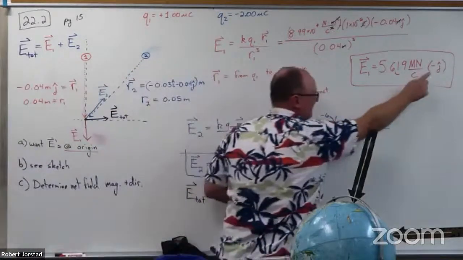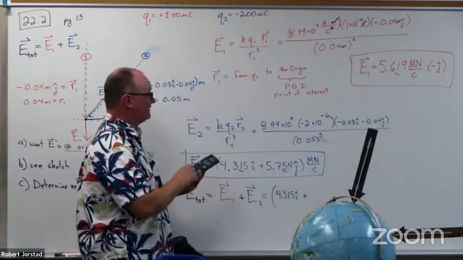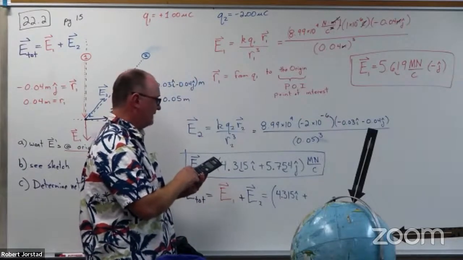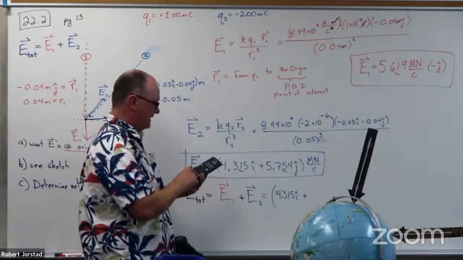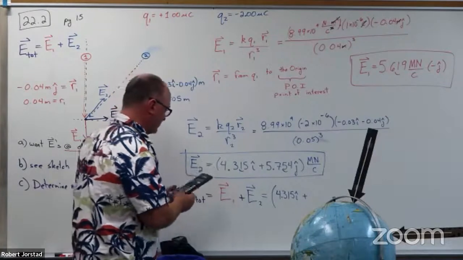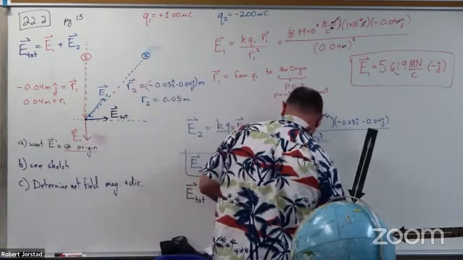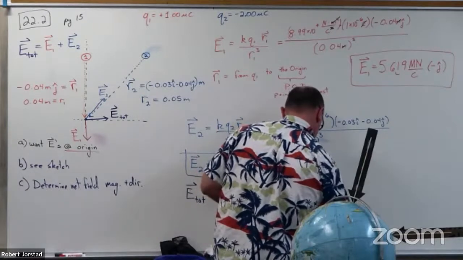This was in the negative j hat, right? So 5.754 minus 5.619 is 0.0135, or 0.135, excuse me.